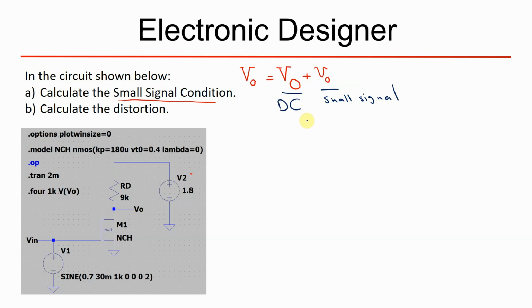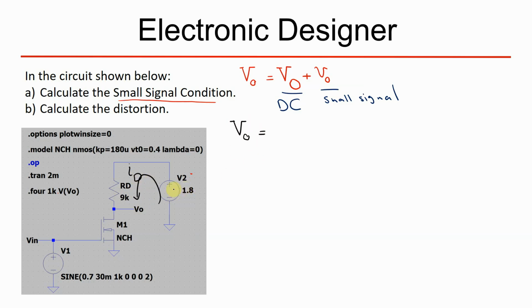It is important. So here we have our total VO, and now I'm going to use KVL in this situation to calculate VO, and this is the ID through this R drain, which includes both the DC component and the small signal.